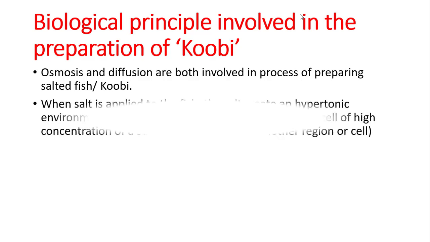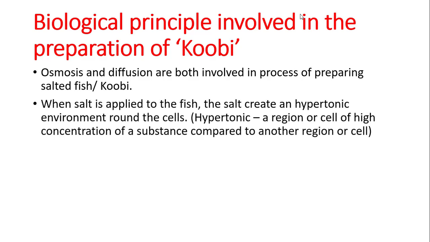So if you are adding salt to the fish, what does it do? When salt is applied to the fish, the salt creates a hypertonic environment around the cells. Hypertonic is a solution or medium, a region of higher concentration of substance compared to another region or cell.